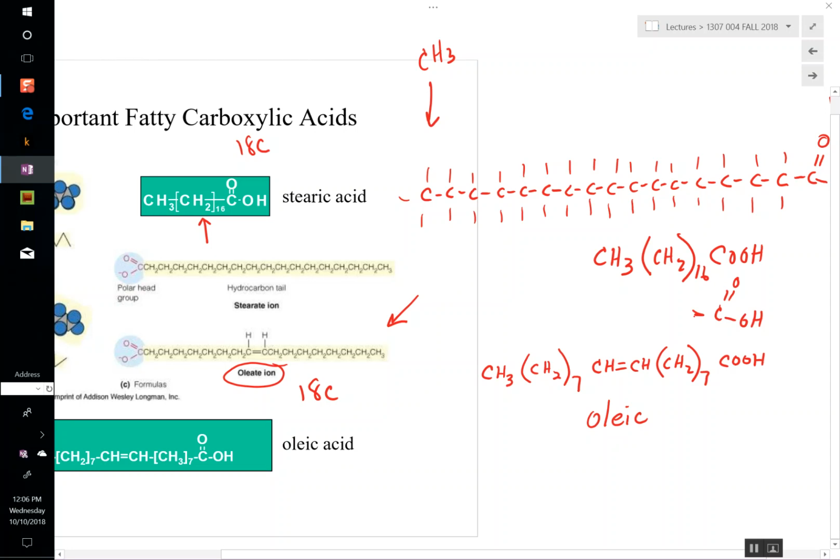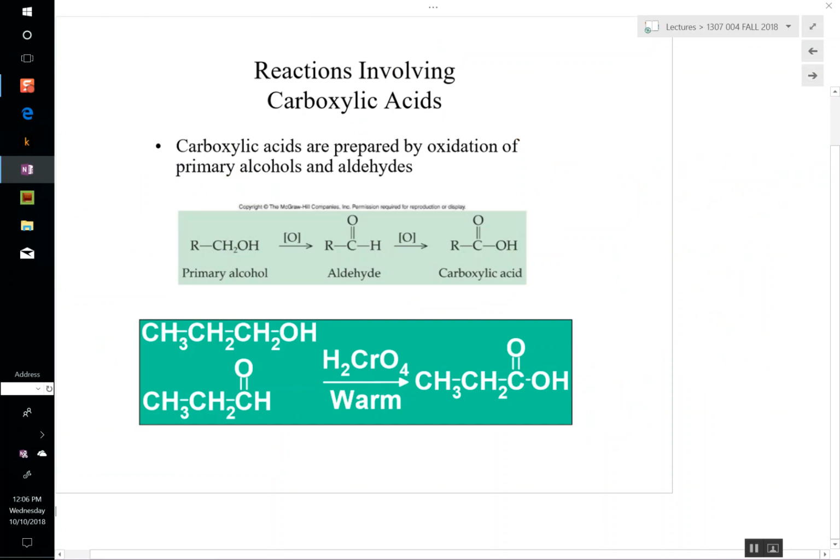This is a monounsaturated fatty acid, oleic acid. This is the fatty acid that's in olive oil. And this is mostly in beef fat. We'll go into more detail on that in chapter 17. Reactions.